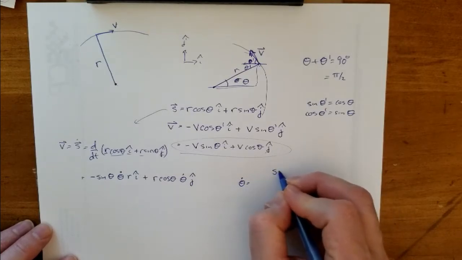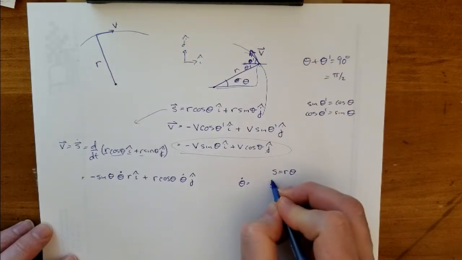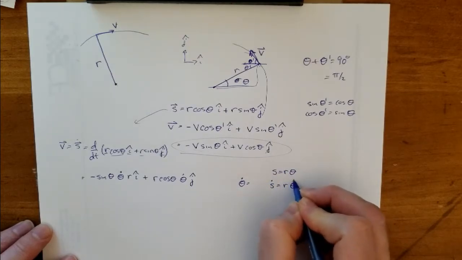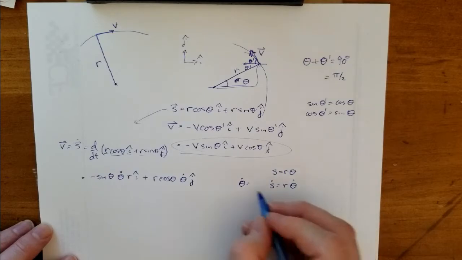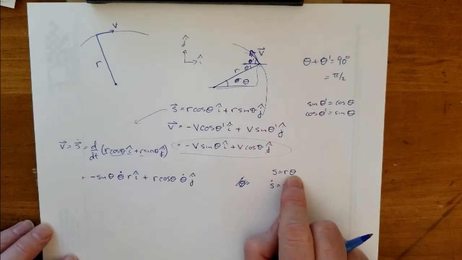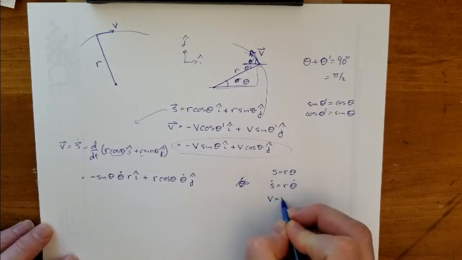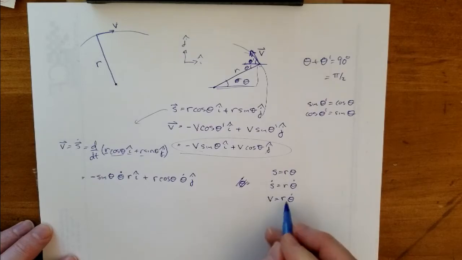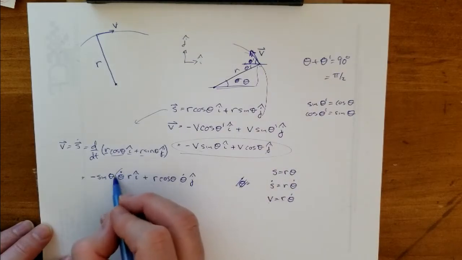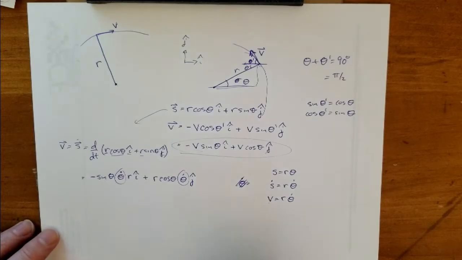Well, I know that s is equal to r theta. I know that s dot would be equal to r theta dot. This is the arc length, equal to the radius times the angle subtended. This is v, and this is r theta dot, and so we have v over r. I don't want to quite make that substitution yet.